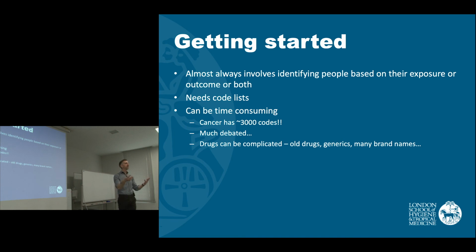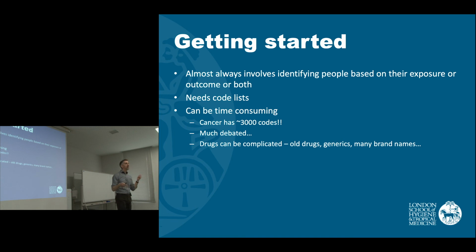That's the purpose of the record, is for them to manage you clinically. Unfortunately, the purpose of the record is not for me to do research. It's a happy accident that I can use those data to do research, but we have to understand it's not the primary purpose of the data.